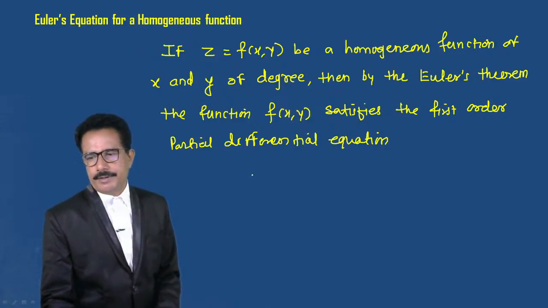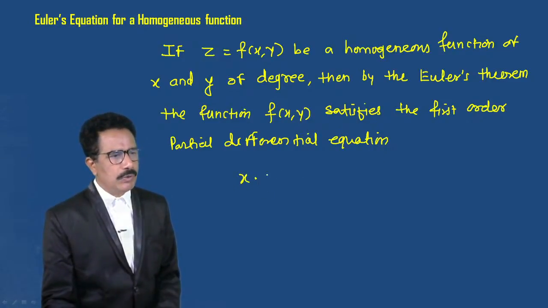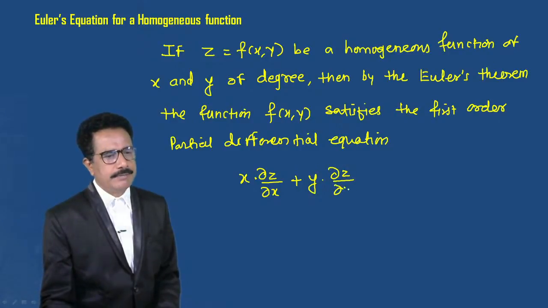What is that? x into dou z by dou x plus y into dou z by dou y equals nz.